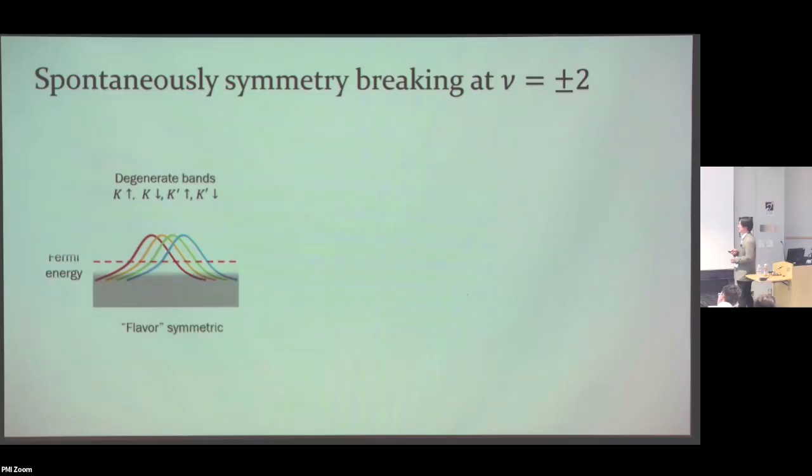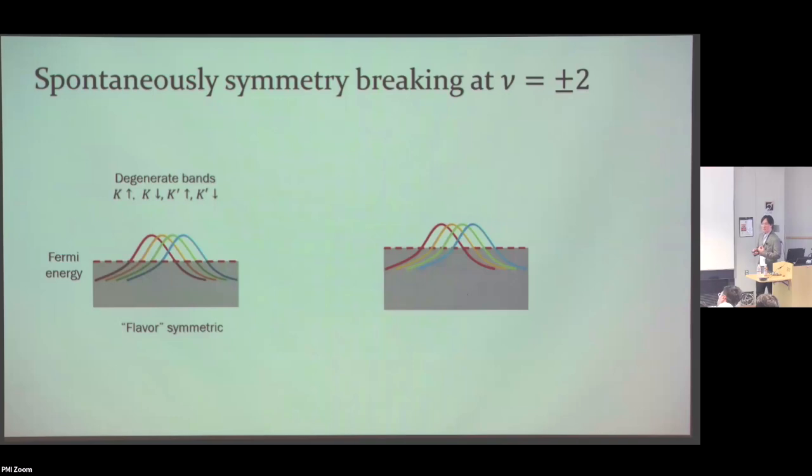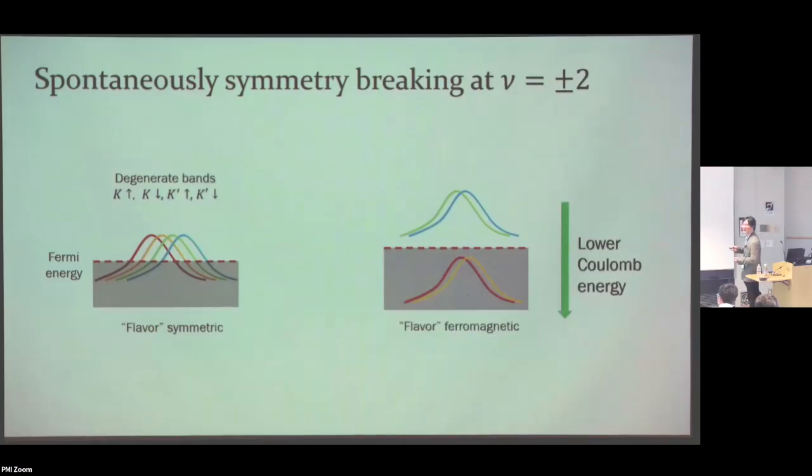Now, if you fill them in a flavor-symmetric way, then you get an electrical conductor because you have a Fermi level inside the band. But if there is strong Coulomb interaction, then what can happen is that the system spontaneously polarizes in this so-called flavor degree of freedom, and now you end up with a gap state.